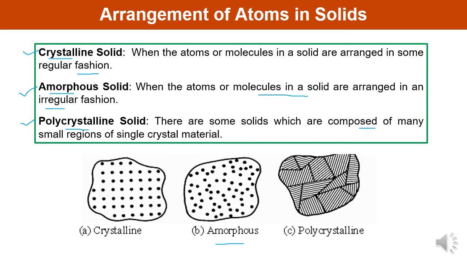Here, irregular pattern, irregular structure. And third is polycrystalline solid. Here you can see that in the whole structure there are small regions. Those small regions have systematic patterns, but in the entire group the pattern is not systematic. So this type of solid is known as a polycrystalline solid.